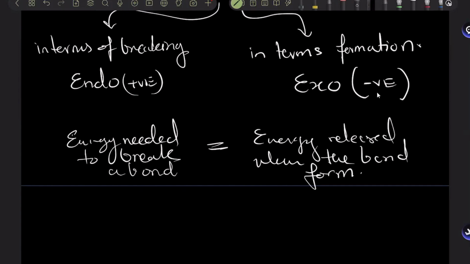It's exactly the same. The only difference is when you break it, you have to provide that amount of energy, and when that bond is formed, it releases the same amount of energy.